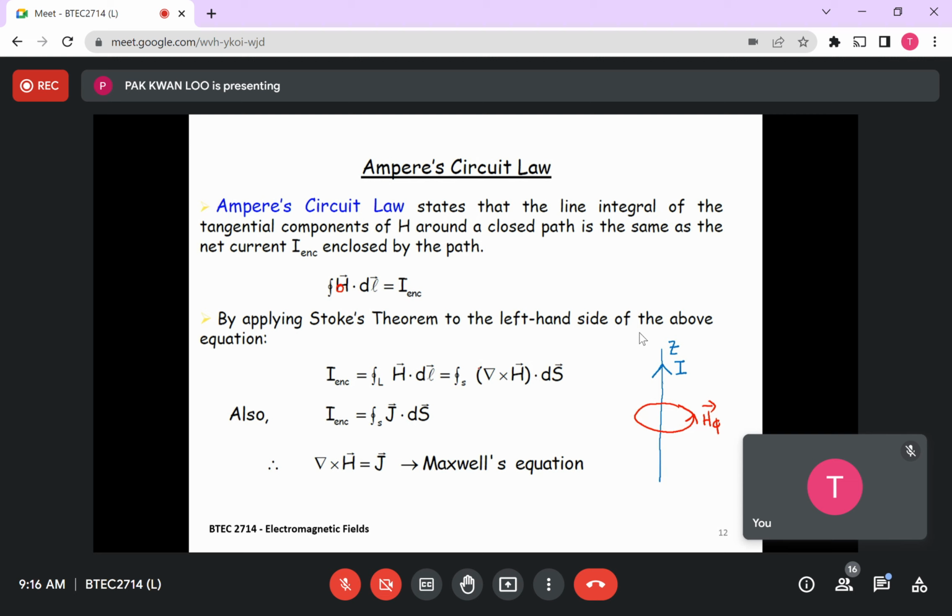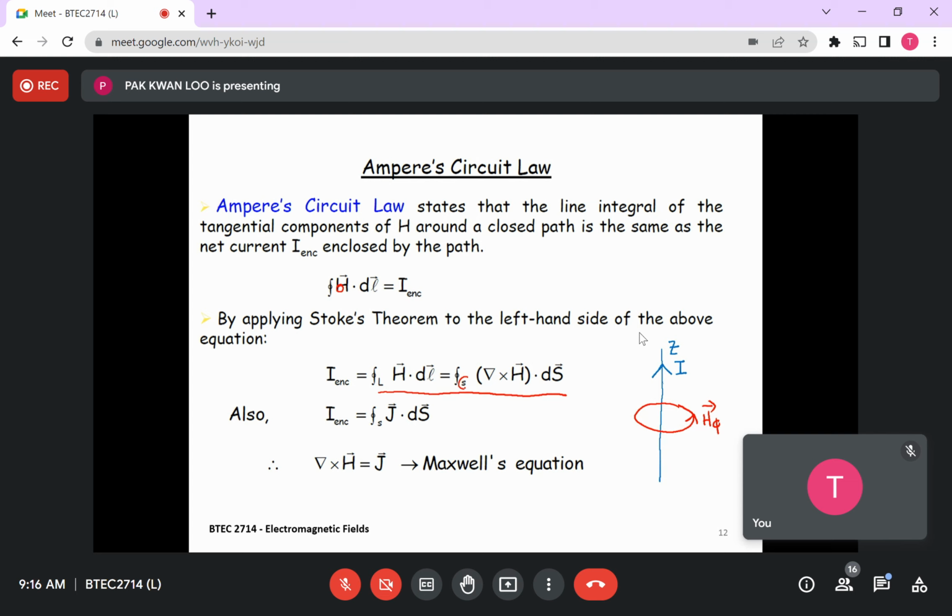So this is basically an application of Stokes theorem. The line integral is related to the surface integral of the area.